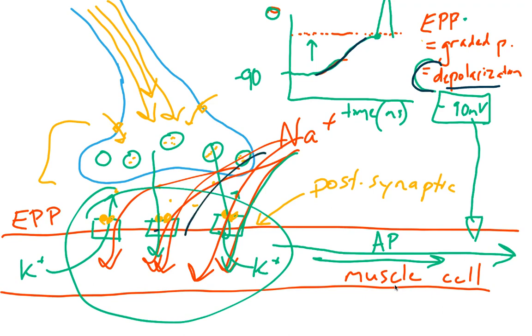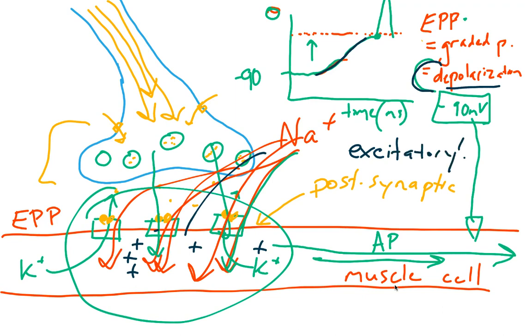It always led to an increased positive charge on the inside of this cell. So with the neuromuscular junction, we always saw that the effects were excitatory.